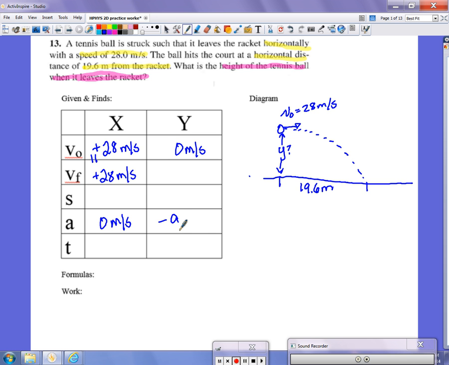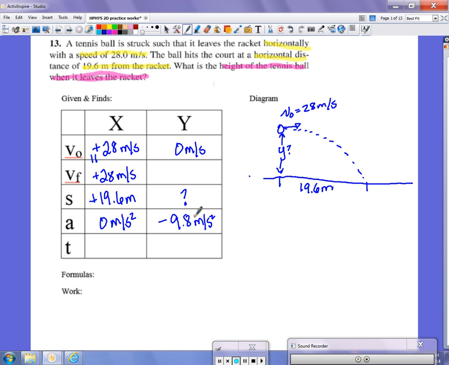So our acceleration in the y direction is negative 9.8 meters per second squared. Oops, let's watch our units here. And our displacement in the horizontal direction is 19.6 meters. That's all we know, and I want to find this y displacement.